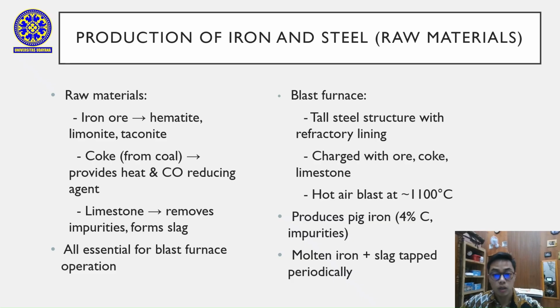Inside, coke reacts with oxygen to form carbon monoxide, which reduces the iron ore into molten iron. The product at this stage is called pig iron, containing about 4% carbon and various impurities. The molten metal sinks to the bottom while the lighter slag floats on top, and both are tapped out at intervals.